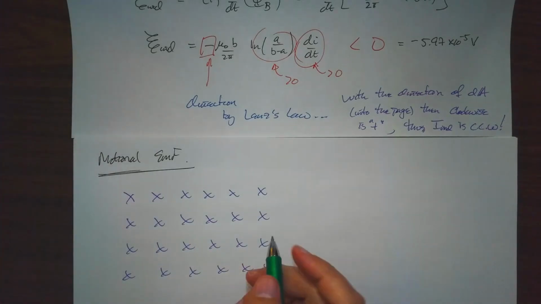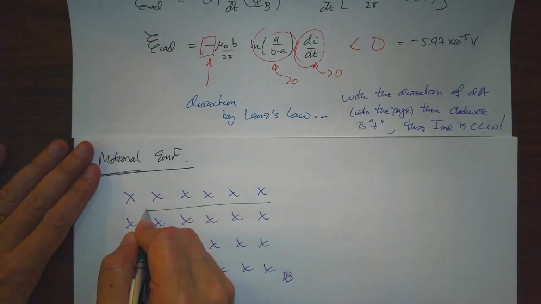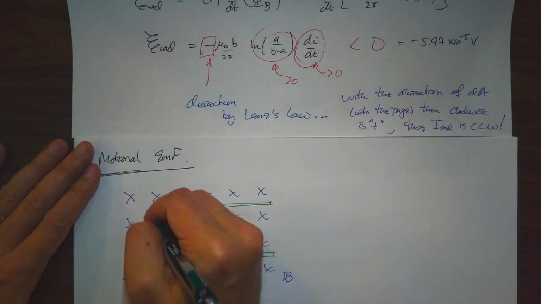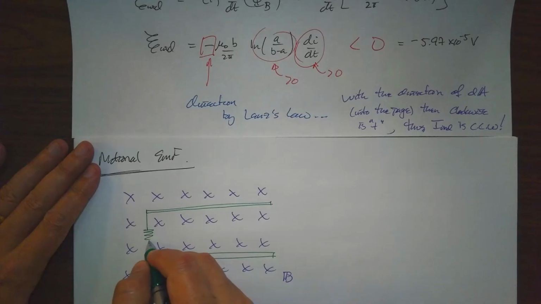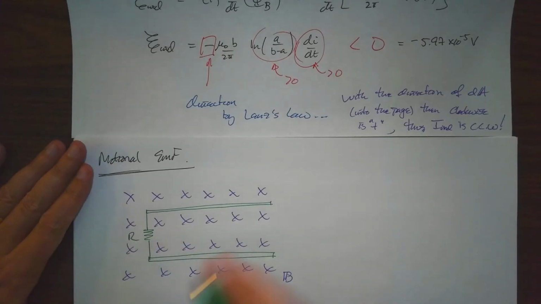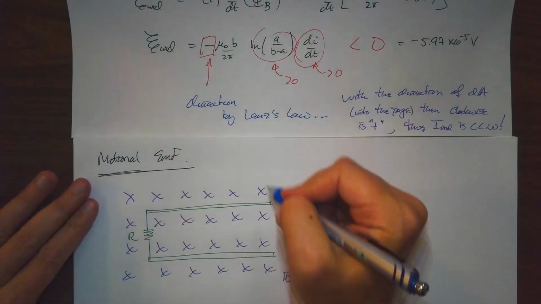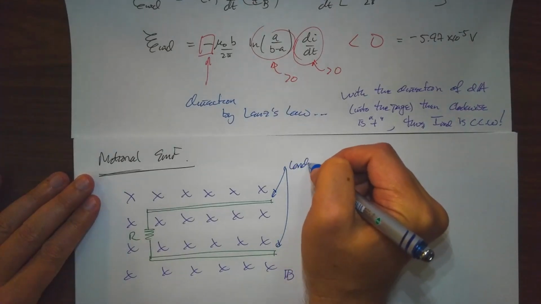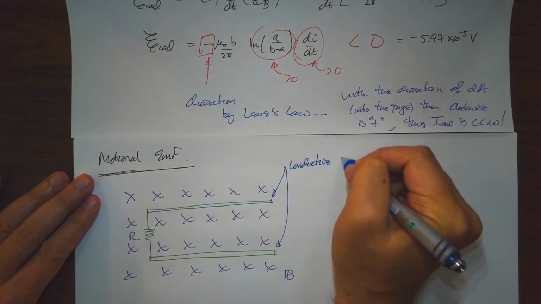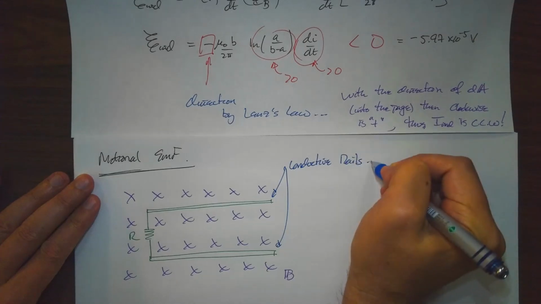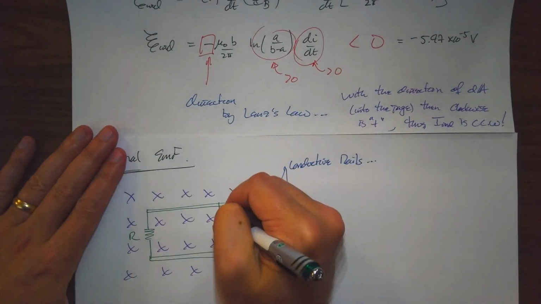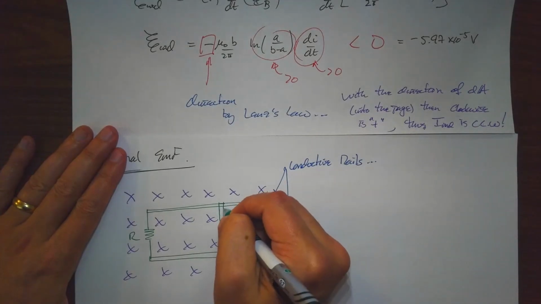And then in the magnetic field we have some sort of conductive rails that probably have some sort of resistance. Okay. And then we have a conductive rod that's going to move along the rails.